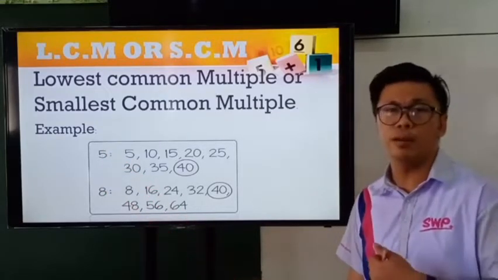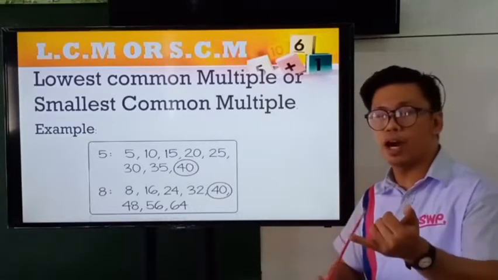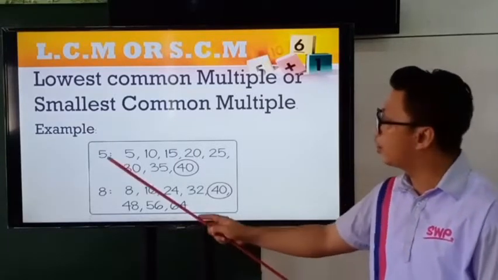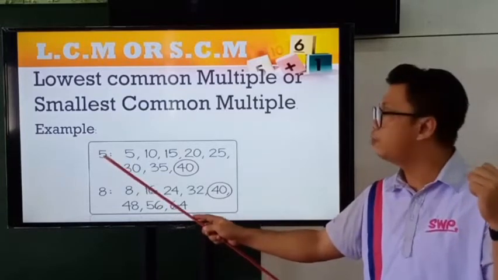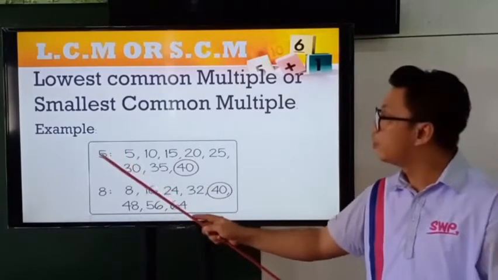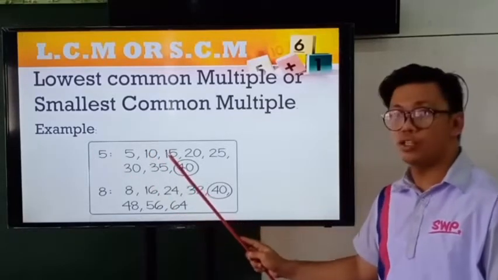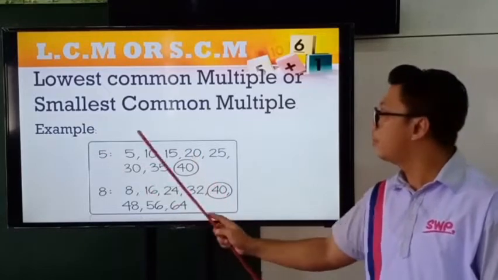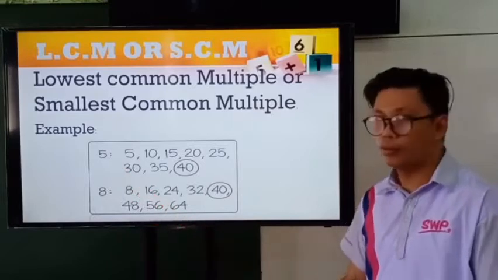When we say multiple, that is multiplying a number by 1, 2, 3, 4, 5. Example, multiples of 5: we will start with 1. 5 times 1 is 5. 5 times 2 is 10. 5 times 3 is 15. 5 times 4 is 20. 5 times 5 is 25. So that is the multiples of 5.